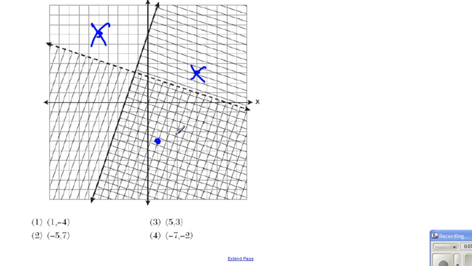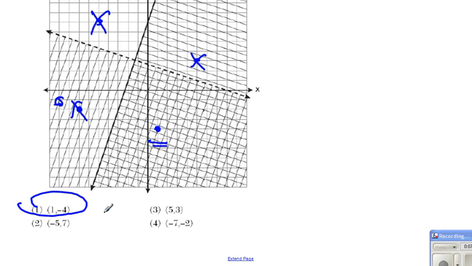So totally out the last one. Negative 7 and negative 2. We have 1 point that's left. That would have been our answer.